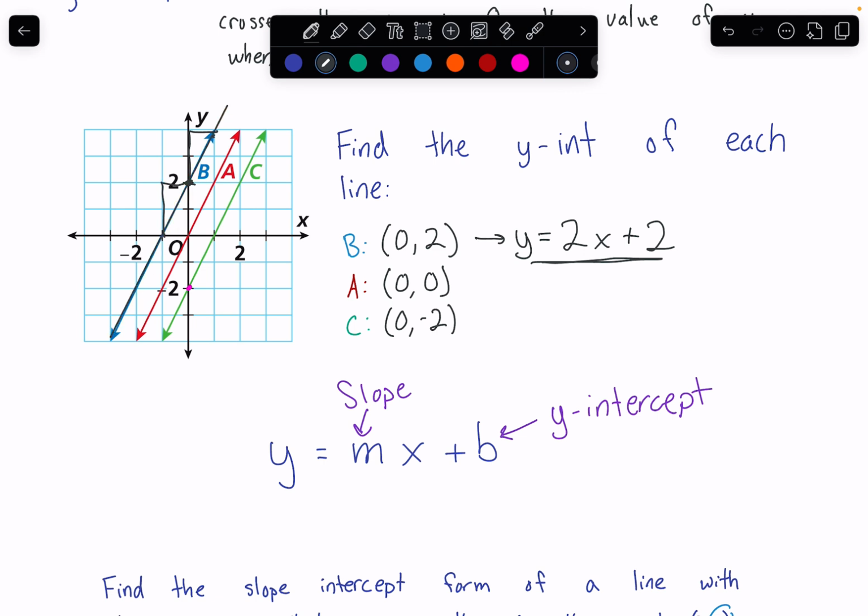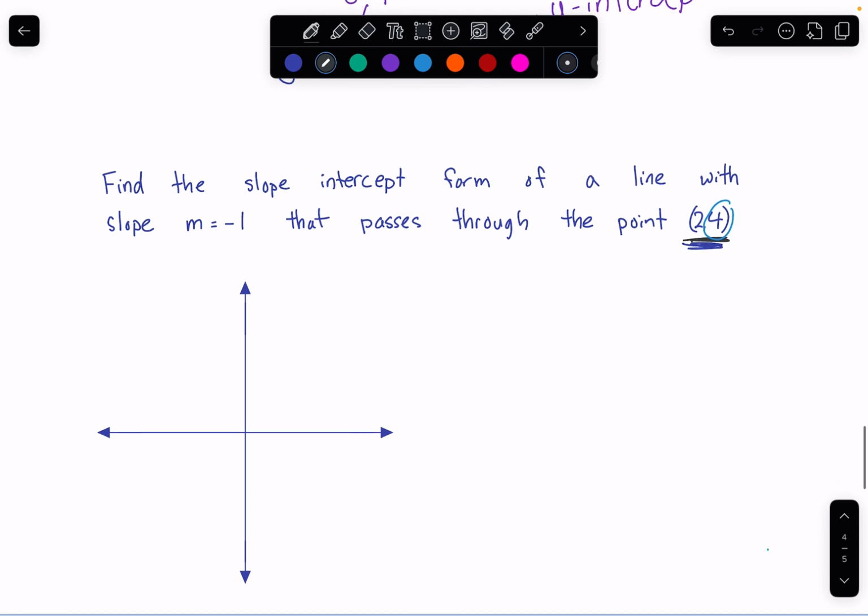All right, so the next and somewhat different idea here is that because we know the equation of a line is y equals mx plus b, we can use that to find an equation even when we don't have the y-intercept. So I'll show you what I mean. Find the slope-intercept form of a line with the slope of -1 that passes through the point 2, 4.